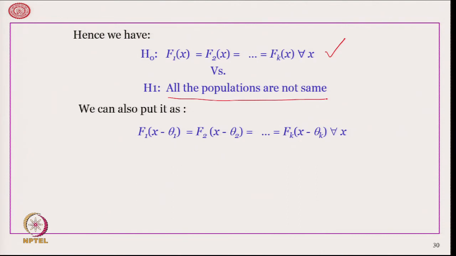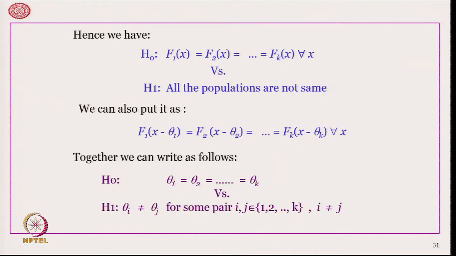So, we can rewrite it in the form F 1 x minus theta 1 is equal to F 2 x minus theta 2 is equal to F k x minus theta k, such that under the null hypothesis theta 1 is equal to theta 2 is equal to theta k, and under the alternative there has to be at least one pair theta i, theta j which are not the same, because if they are the same for all of them, essentially we are getting H naught.